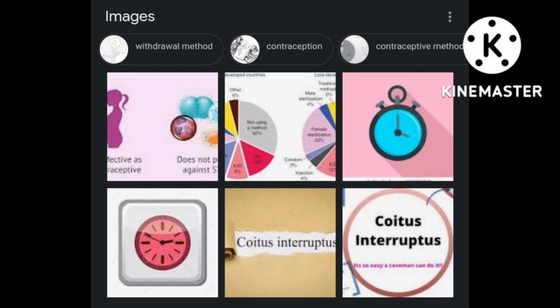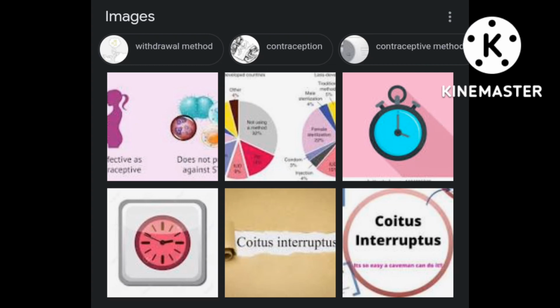So, the side effects: coitus interruptus or withdrawal as a contraceptive technique does not make use of artificial devices. However, it does have several disadvantages. One, men discharge a small amount of semen before ejaculation.